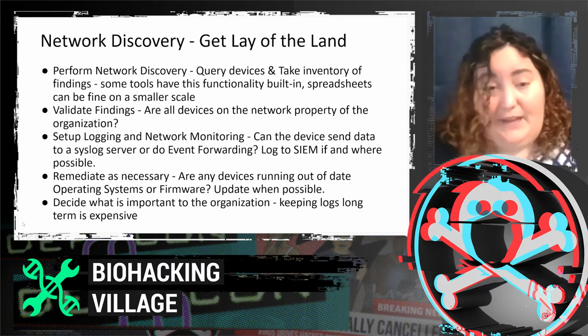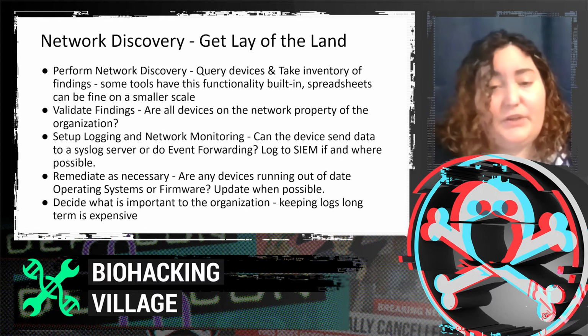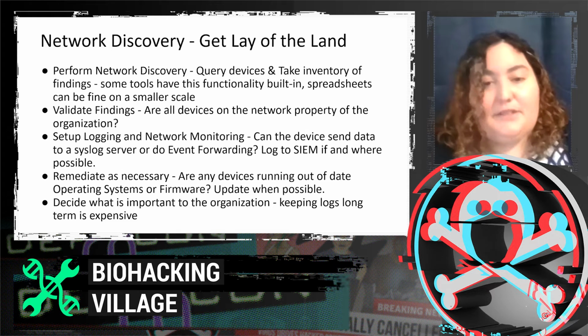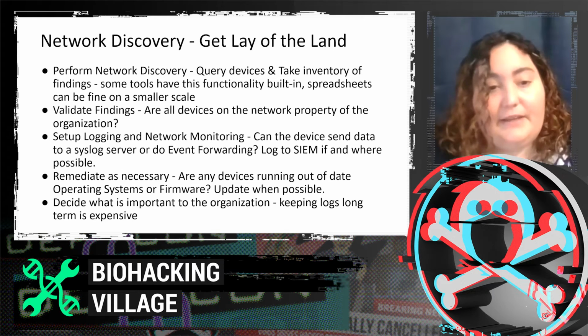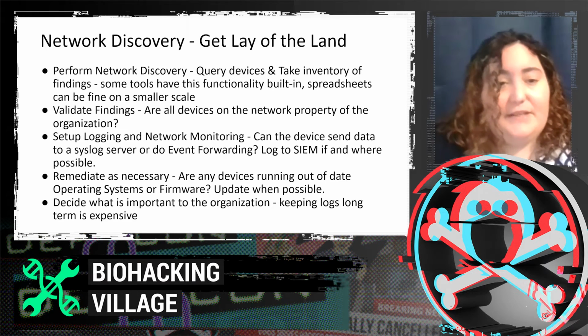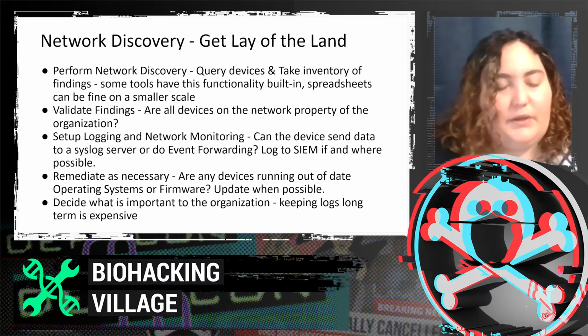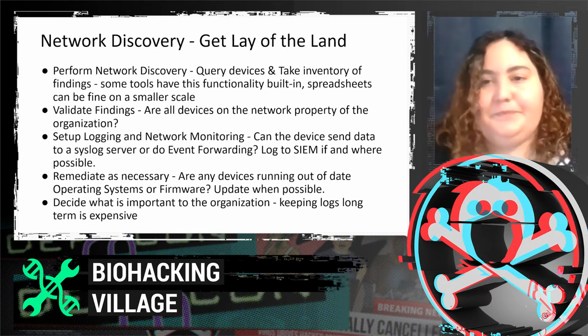You're going to have to decide what's important to the organization early on, because you can't keep a log of everything. Long-term storage is expensive for this kind of monitoring, so you're going to have to prioritize what data you want to keep track of the most.